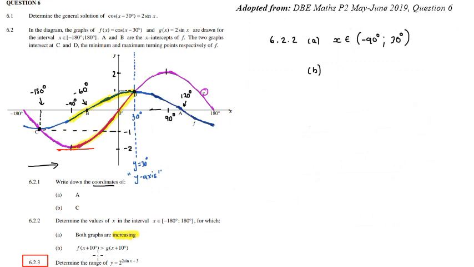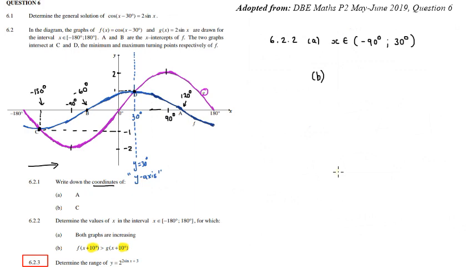For B, we have to find out where f of x plus 10 degrees is greater than g of x plus 10 degrees. For question B, we can use a little bit of a trick. The reason we can use this trick is because both of the functions have been shifted to the left by 10 degrees, so they are going to end up in the same position at the end of the day.